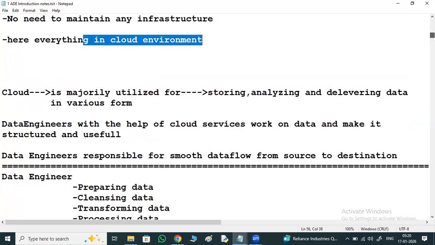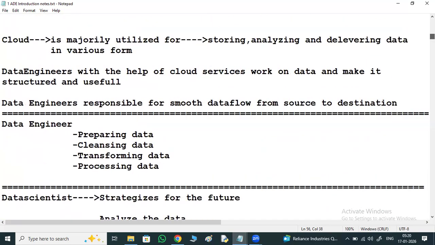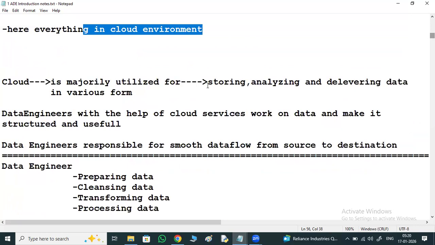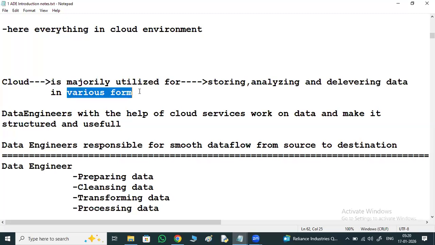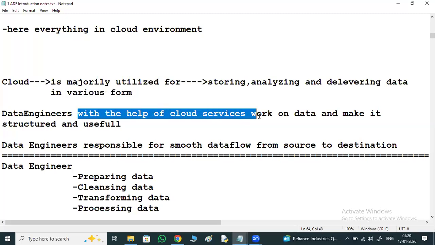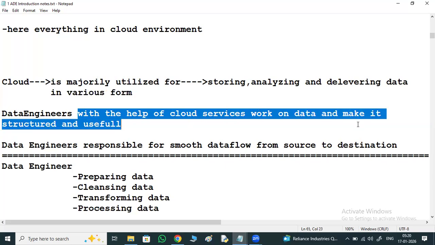So cloud is majorly utilized for storing, analyzing, and delivering data in various forms. Data engineers, with the help of these cloud services, work on data and make it structured and useful.